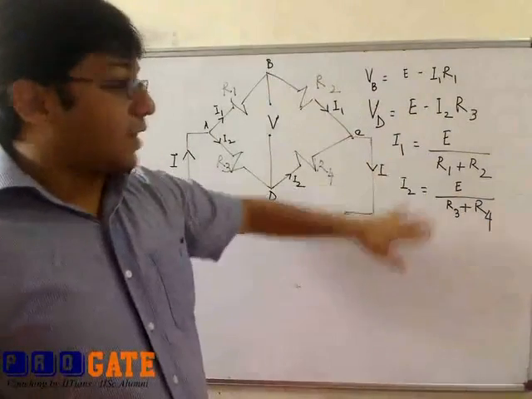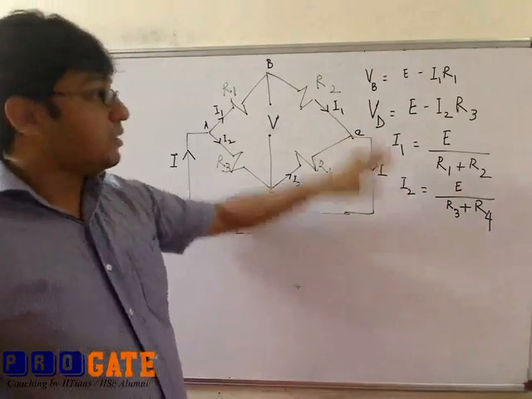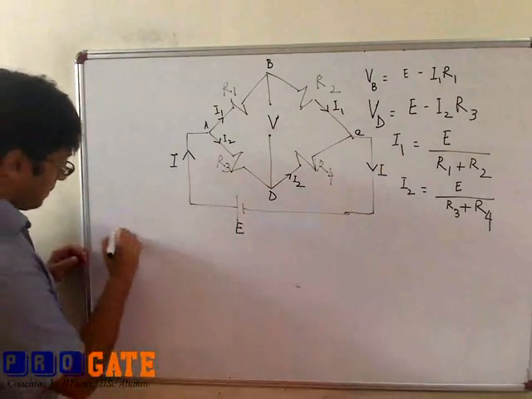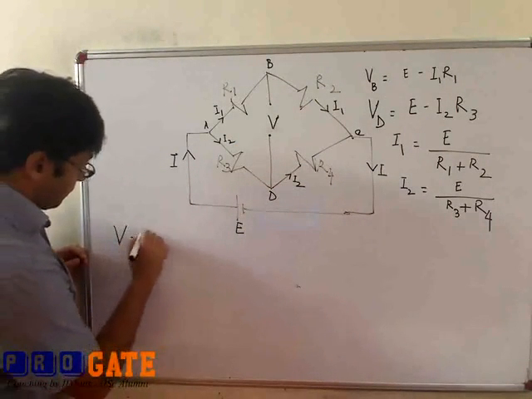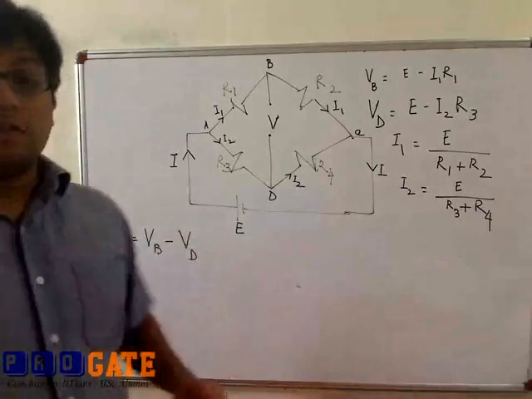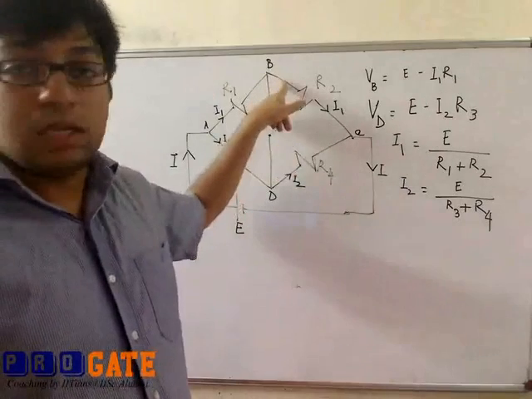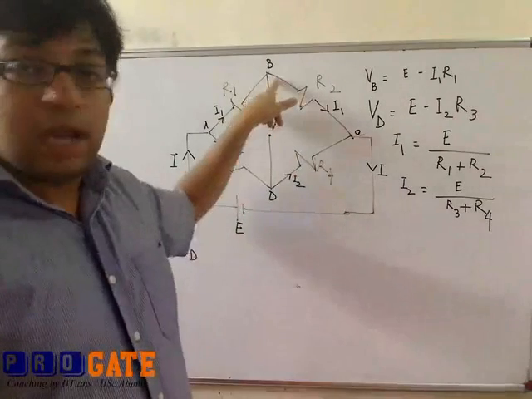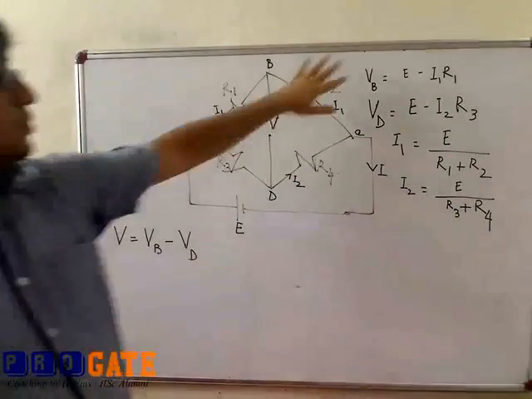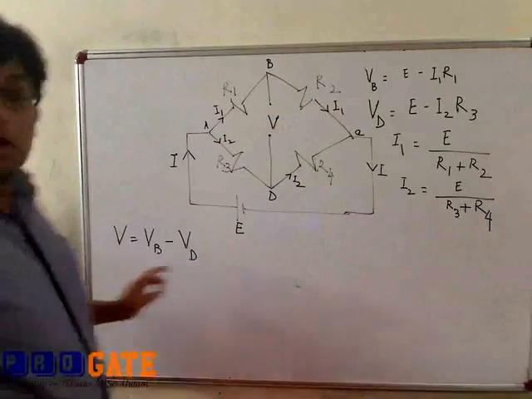So the currents I1 and I2 have been found by using Ohm's law. Now the voltage V is the difference of the voltages at nodes B and D, that is VB and VD. So we get VB minus VD. So let us try and substitute these equations that we've got over here into this equation. So what do we get?